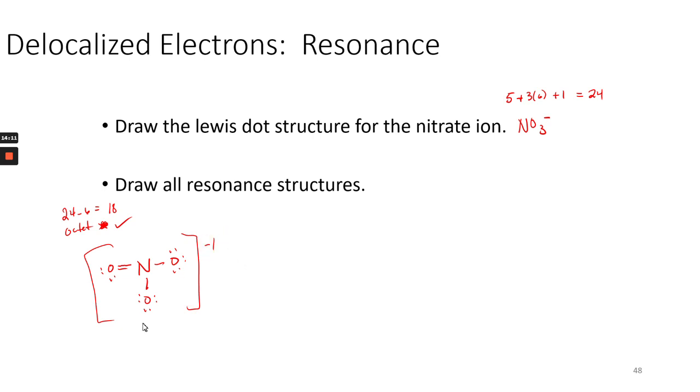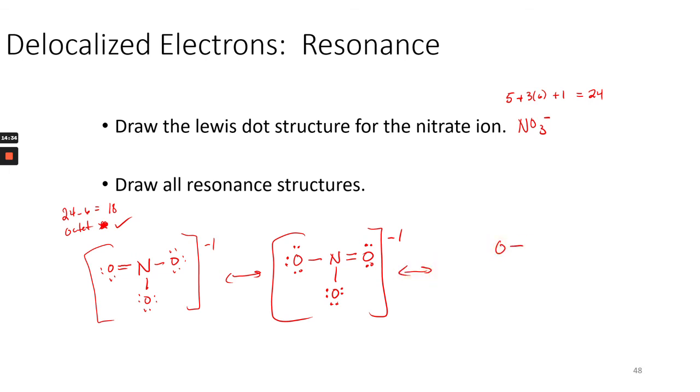Can you visualize some other possible ways of drawing this structure? Sure, that double bond can move. And there's one more. So there are 3 resonance structures here.